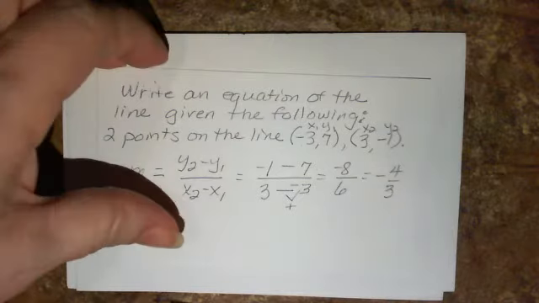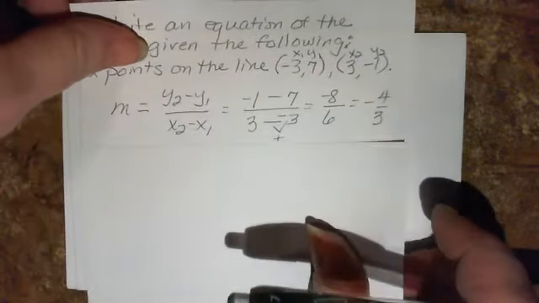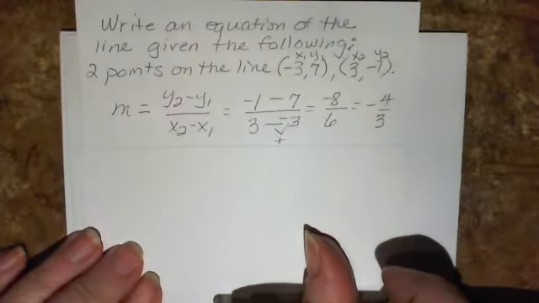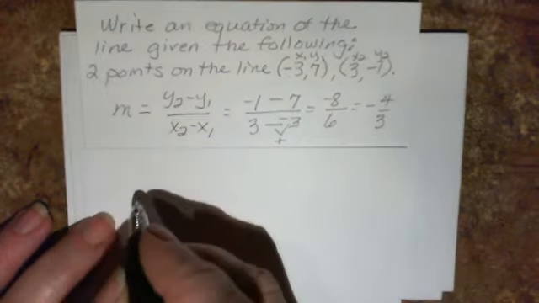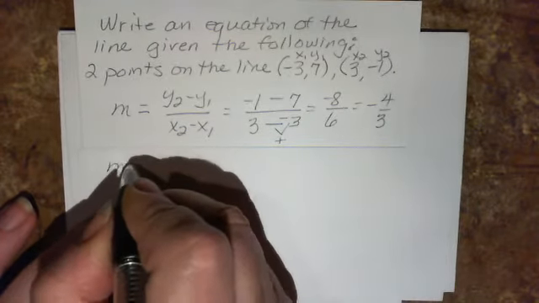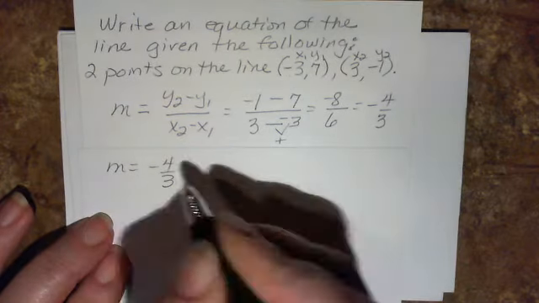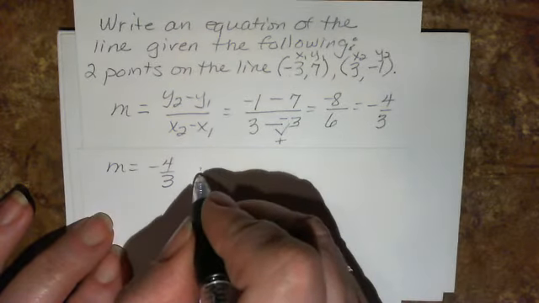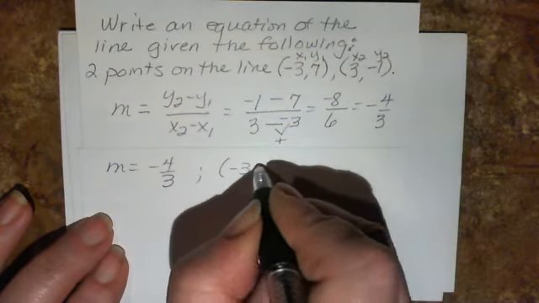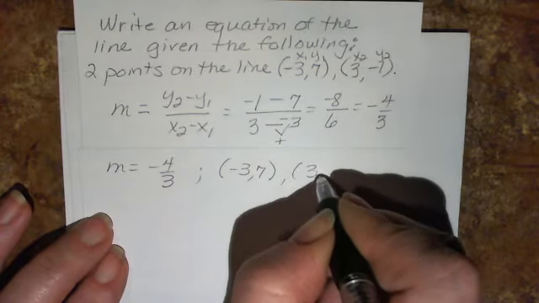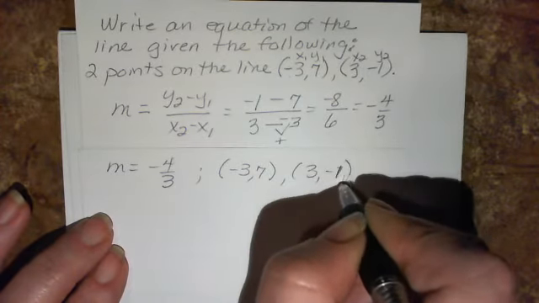So now we can use either method. We have the slope equal negative 4/3, and we have 2 points to choose from. Okay, we have negative 3, 7, and 3, negative 1.